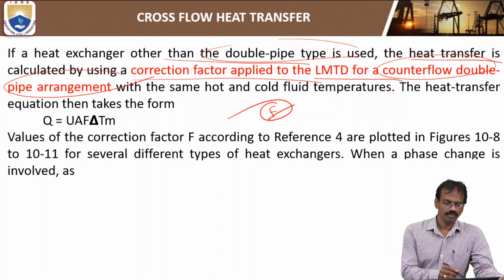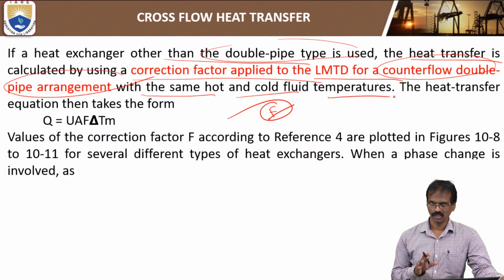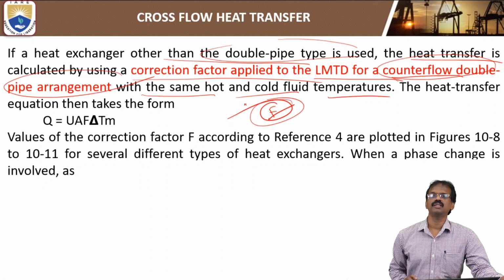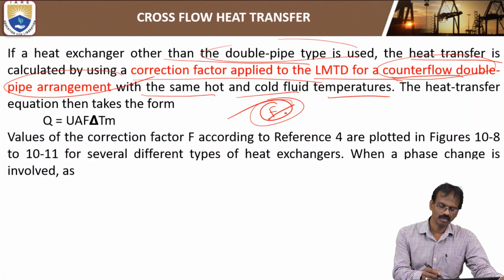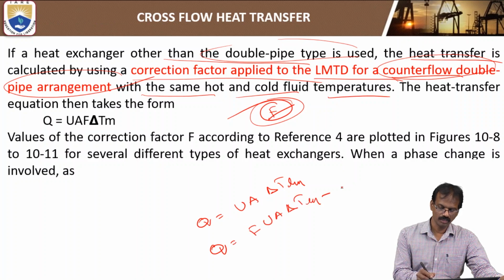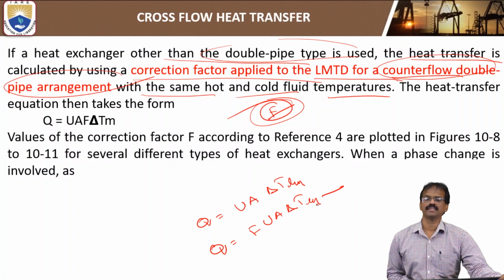With the same hot and cold fluid temperatures taken in the counter flow exchanger, here also we take the same temperatures, all are same, except you have to add the F correction factor. If you add this correction factor, you know that the rate of heat transfer formula for counter flow exchanger is UA into delta T LM. So if you add this one, Q is equal to F into UA delta TLM. So this formula belongs to cross flow heat exchanger.